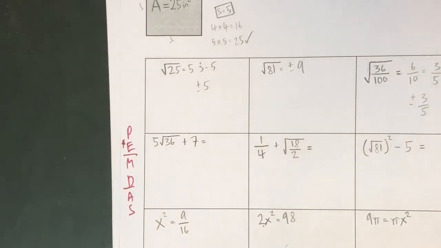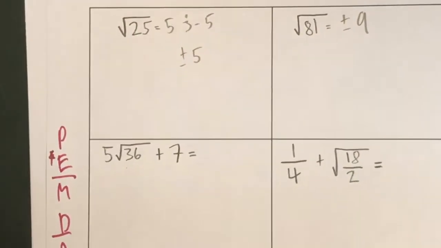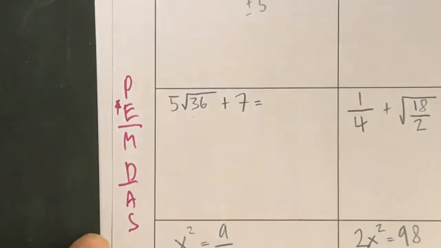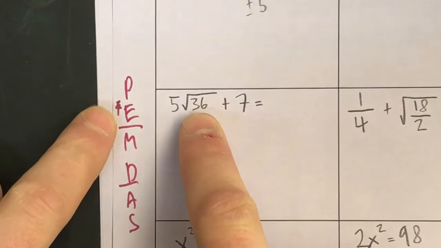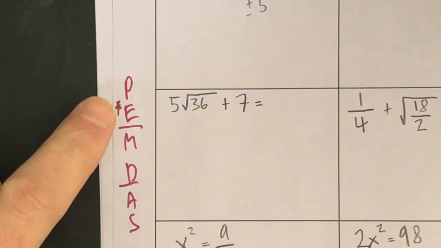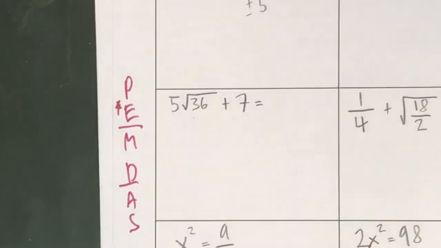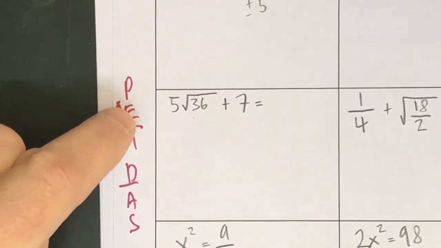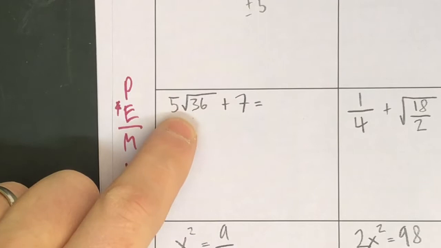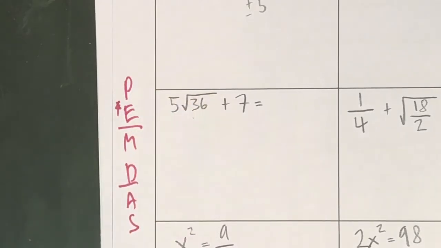That's because when you are solving expressions, the square root sign is really like an exponent. You want to do it in the same order that you would have done for exponents. So I don't see any parentheses, but I do see an exponent hidden in the square root. That's the first thing I want to do when I'm simplifying or evaluating this expression.